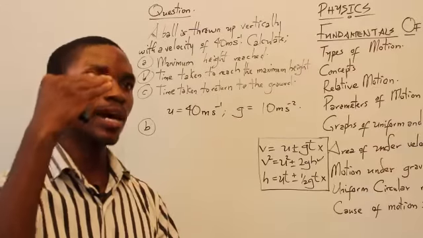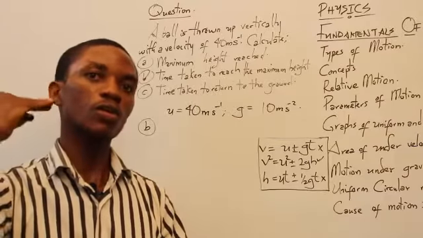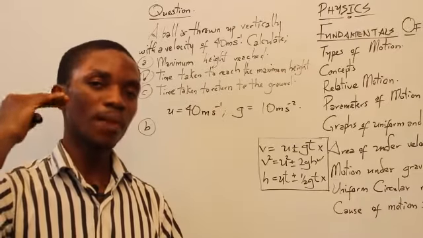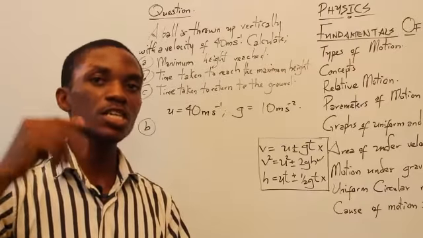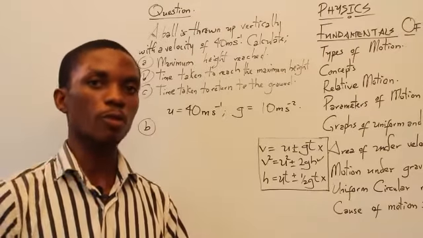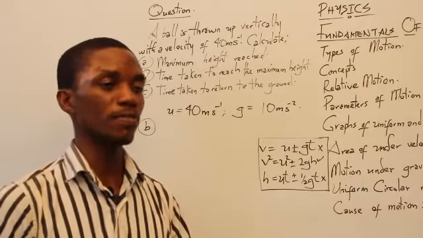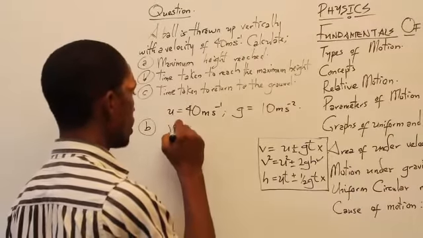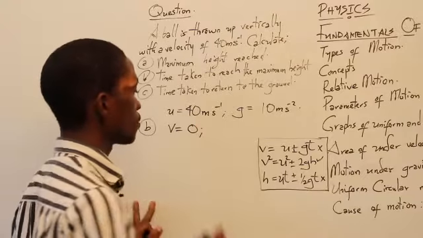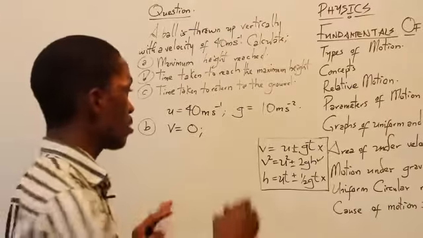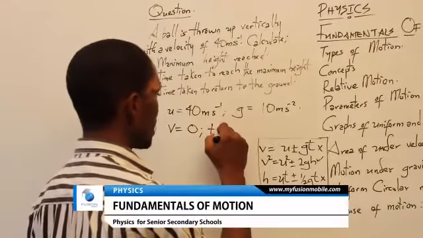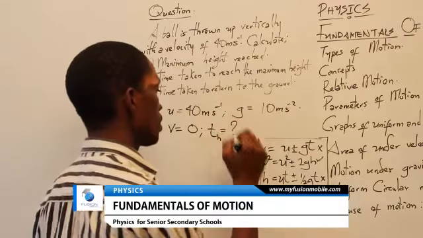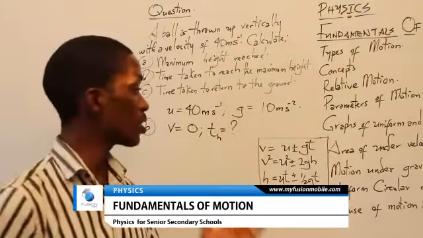That is, at maximum height, what is the condition for the maximum height? At maximum height, the final velocity, that's v, would equal 0. Let's also bear that in mind. So that particular parameter becomes useful once again. V equals 0. And what are we looking for this time around? Time. Let me call it th, the unknown.